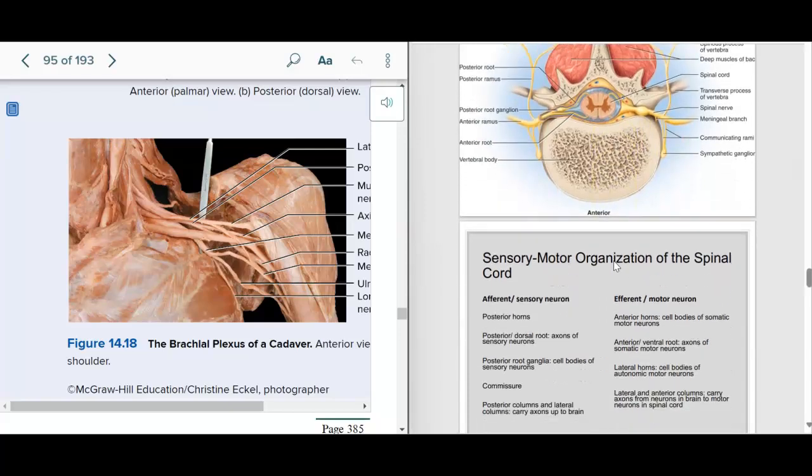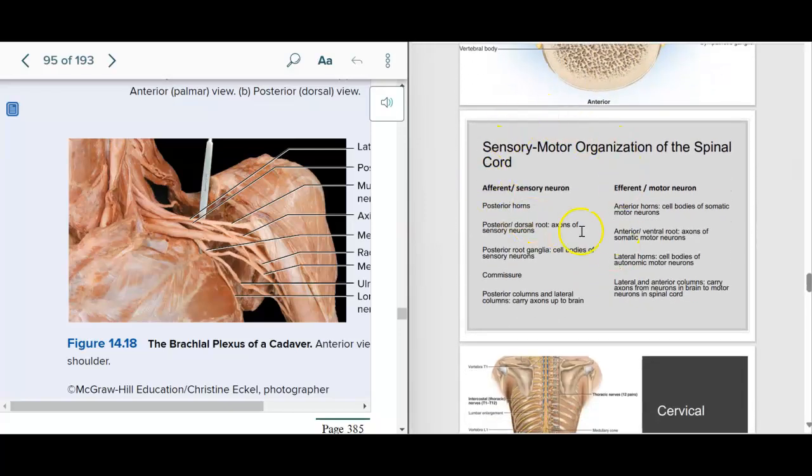Looking here in our slides, just a short review of what afferent or sensory neurons and efferent motor neurons are, located and their pathways. So we have the afferent sensory into the posterior horns. That's the gray matter.